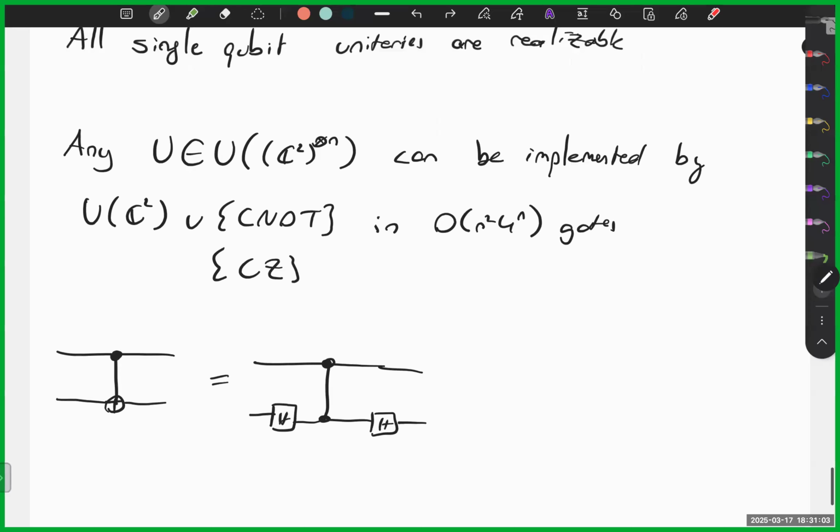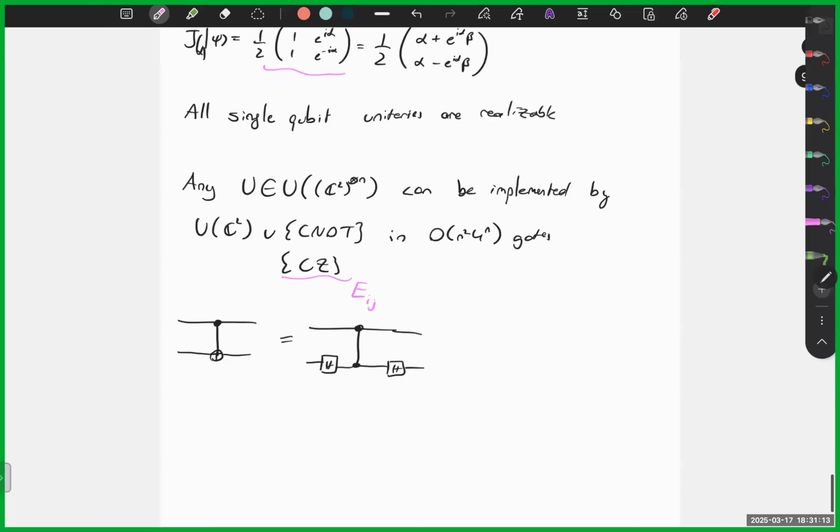And CZ is the entanglement operation that we defined. So we are basically done because we showed that all single qubit unitaries can be realized, and CZ is also realized. So we can realize all the unitaries in this framework.